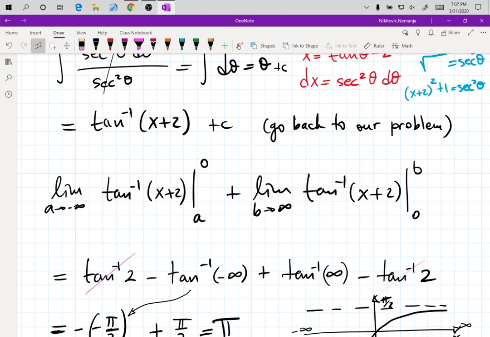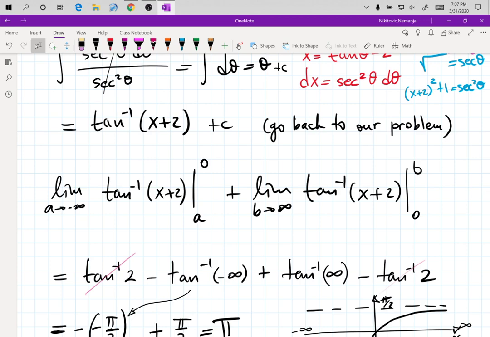So that's it, guys. That's integration, improper integrals. Improper integrals, we have a type 1 and we have a type 2. Type 1 improper integral is going to be given by infinity. So you have infinity somewhere in the limits.